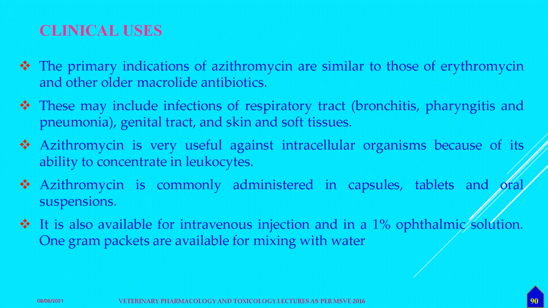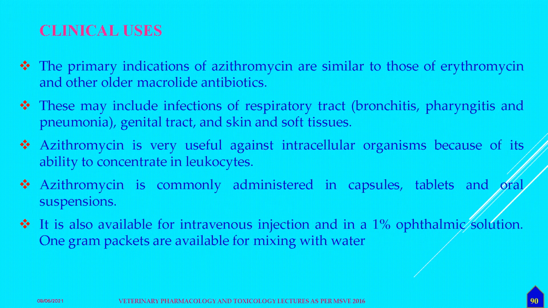Clinical use is very similar to that of erythromycin: upper respiratory tract infections, especially bronchitis, pharyngitis, and pneumonia, and also genital tract infections because it is effective against Haemophilus. Skin and soft tissue infections are also important. It is very effective against intracellular microorganisms because of its ability to concentrate in leukocytes.